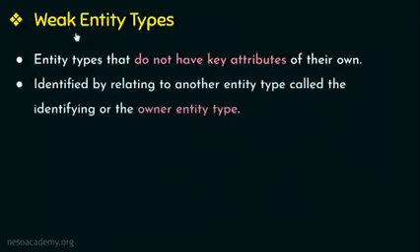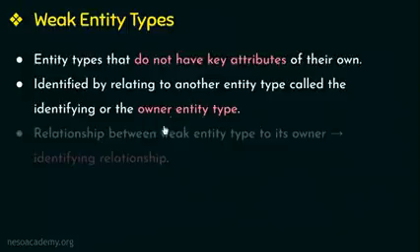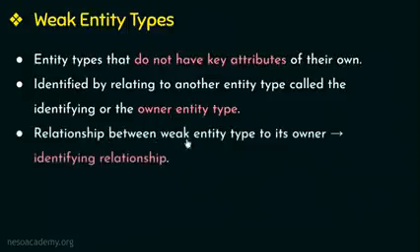The entities of weak entity types identify themselves by relating to entities of another entity type, and this other entity type is called the identifying entity type or the owner entity type. And the relationship between a weak entity type and its owner entity type is called the identifying relationship. So this is about the weak entity types.